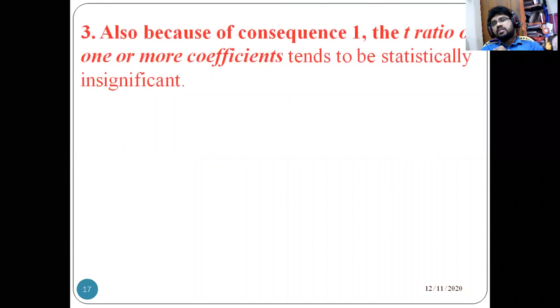Then the third consequence: because of the consequences above, the t ratios of one or more coefficients tend to be statistically insignificant. As we know, the t value is the t statistic, which I explained in the second module: t is equal to the coefficient beta divided by the standard error of beta.